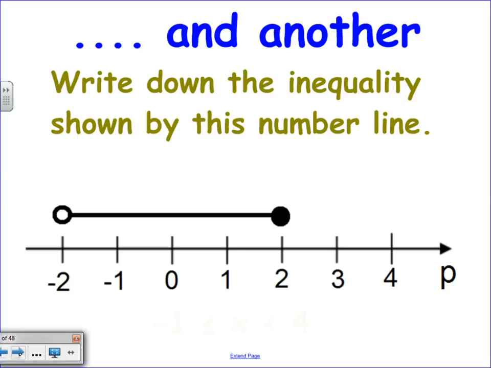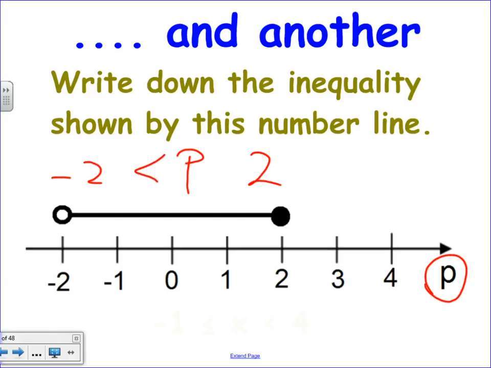One more, and then we'll see where we are. So, my variable is p this time. Got a little p at this end. So I've got p, it's something to do with -2, and it's something to do with the number 2. So reading from p in both directions, what is p relative to -2?